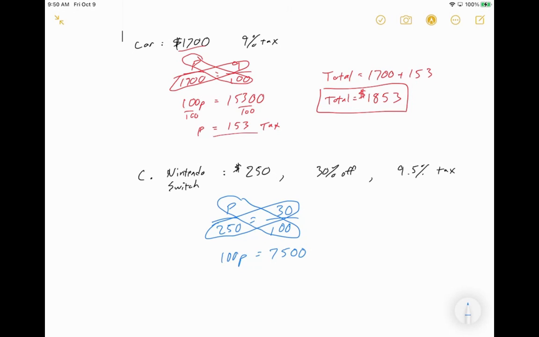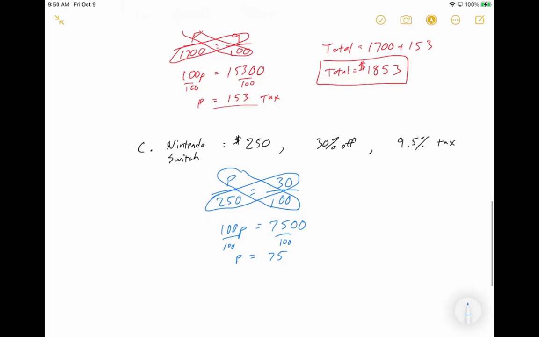All right, now we do a divide by 100, divide by 100. So P is equal to $75. So $75 off, right? This is our discount. Good job, Wilson. Jenny, make sure you round correctly, okay? So here's our discount.